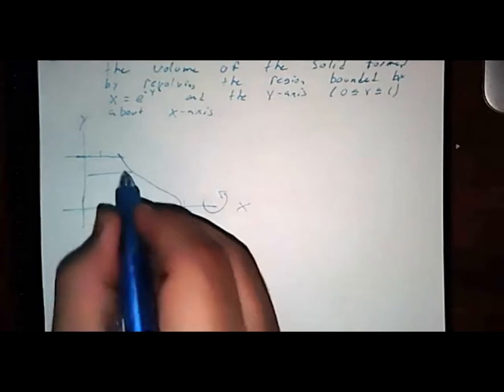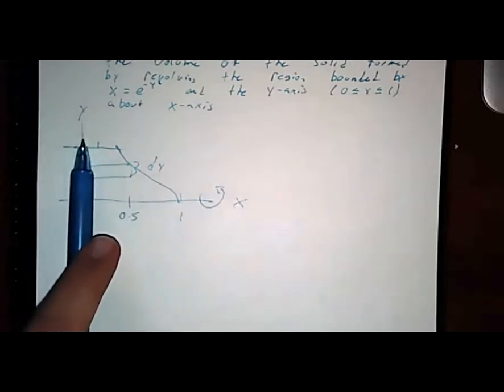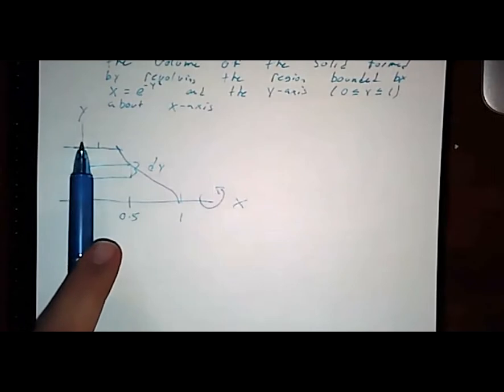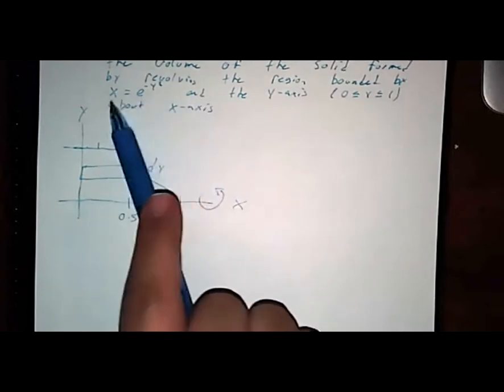So our slice is going to be parallel to the rotational axis, forcing us to do dy. So let's say I give you a test question and I say, use any method. If you chose to do disk, you would have to slice perpendicular to the rotational axis, this way, which would then require you to solve for y because it's in terms of x equals.